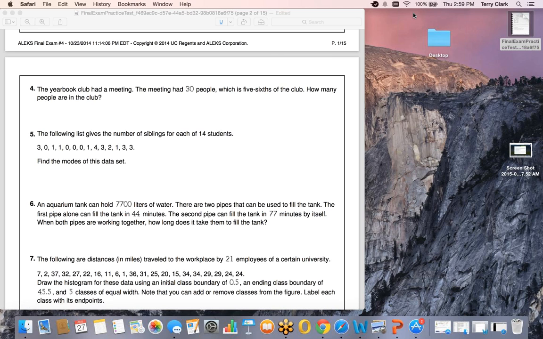It's the one that occurs the most frequently. It's possible to have more than one mode, as in this case. So I want to congratulate you guys. You were correct. There are 3 modes: 0, 1, and 3. It's possible to have no mode, if none of the numbers repeat. Great job finding the mode.